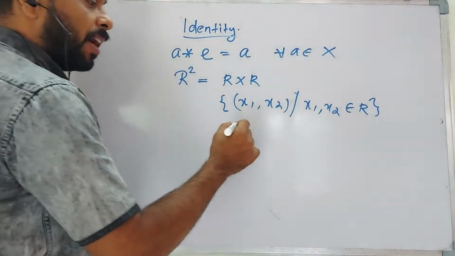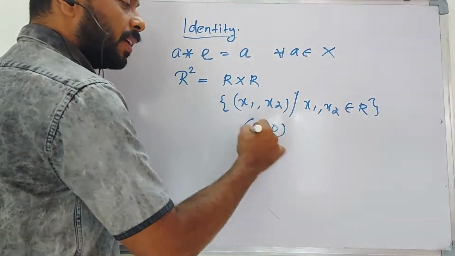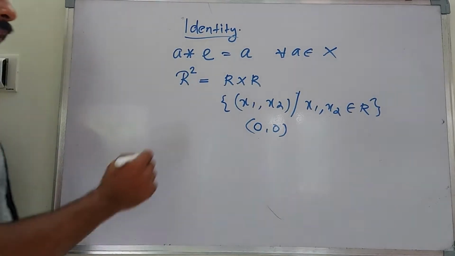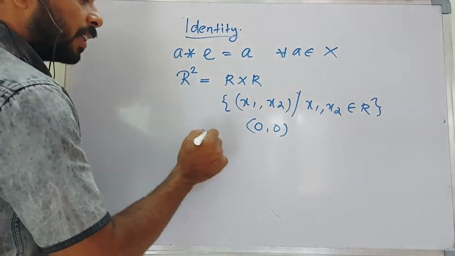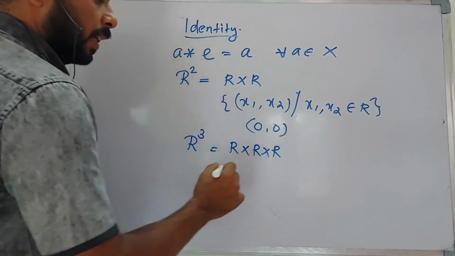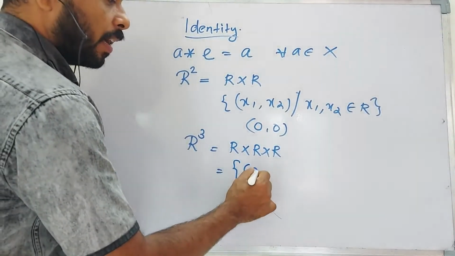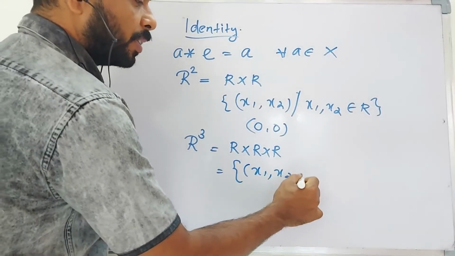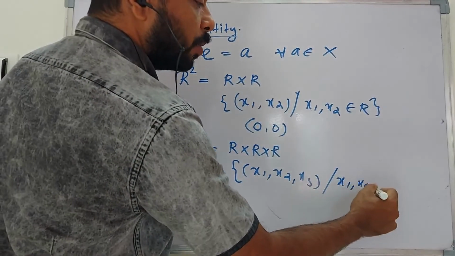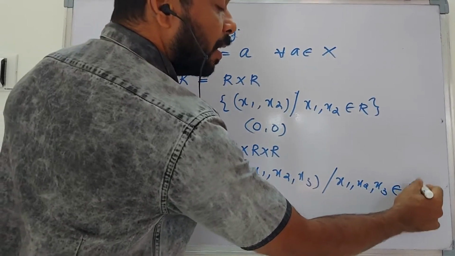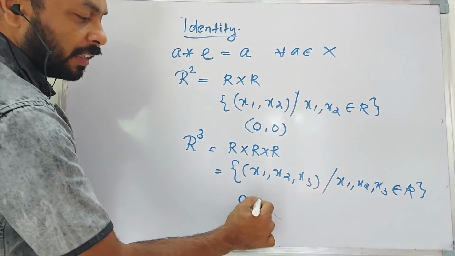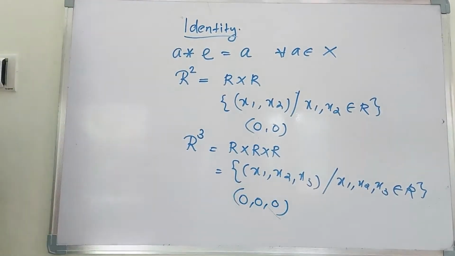Here the additive identity is the ordered pair 0, 0. So the additive identity of R2 is 0, 0. Similarly, we define R3 as the space R cross R cross R. It is the set of all triples x1, x2, x3 where x1, x2, x3 are real numbers. Here the additive identity is the triplet 0, 0, 0.